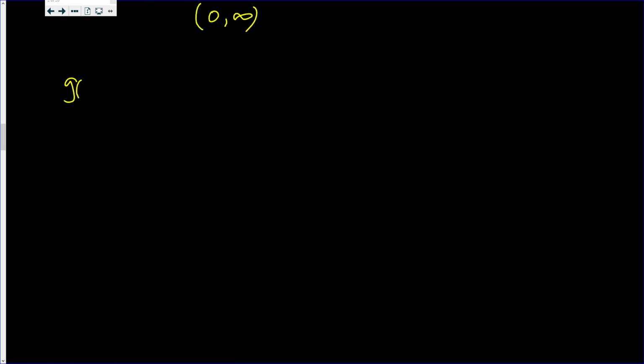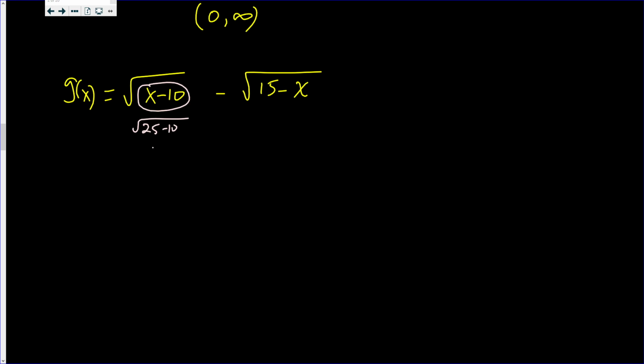Suppose you have the function g of x is equal to the square root of x minus 10 minus the square root of 15 minus x. Just because what's underneath here may be positive, for example, if x is 25, 25 minus 10 is 15, and you can take the square root of 15.